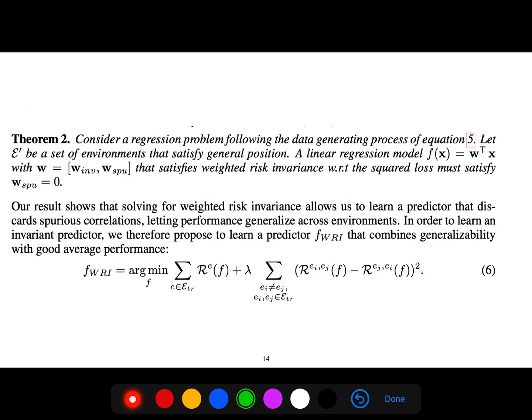So consider a regression problem. Let epsilon E prime be a set of environments that satisfy general position. A linear regression that satisfies weighted risk invariance with respect to the loss must satisfy that the spurious part should be 0.